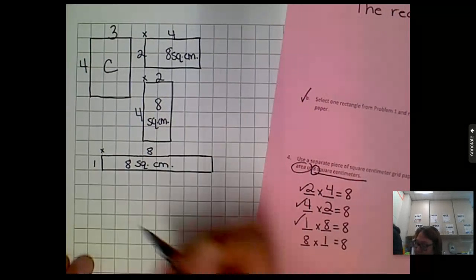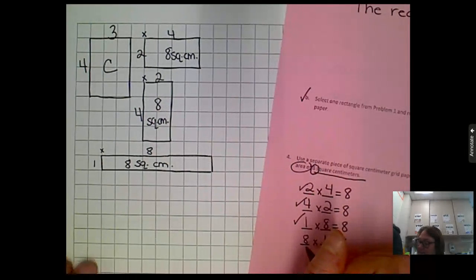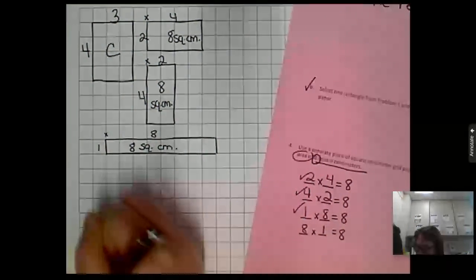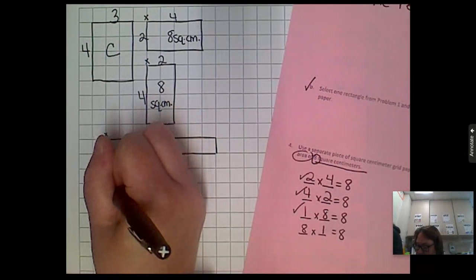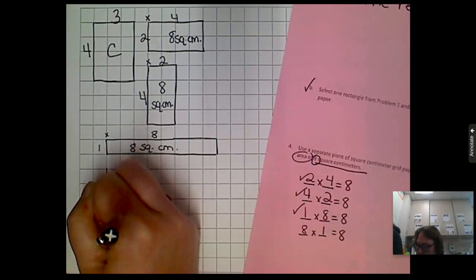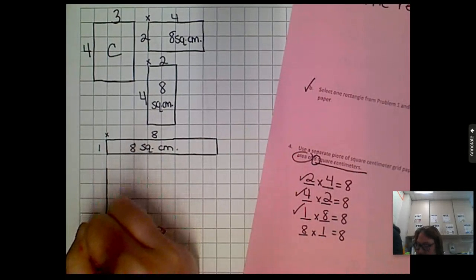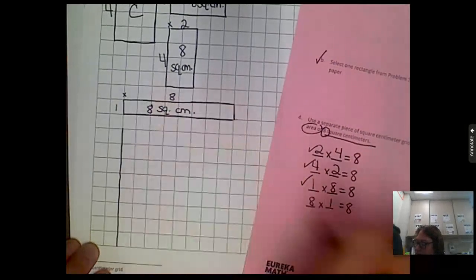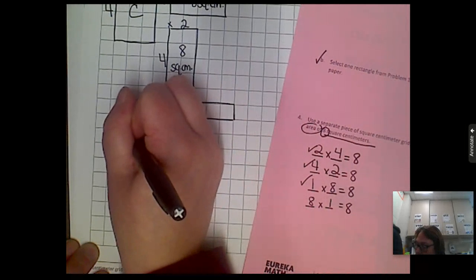For that one, since 8 comes first, that's 8 rows. 2, 3, 4, 5, 6, 7. I just want to make sure that I had room to actually do it right here. 1, 2, 3, 4, 5, 6, 7, 8. And it doesn't matter where they go on your grid paper as long as they're there, right? So 8 rows with 1 in each row.